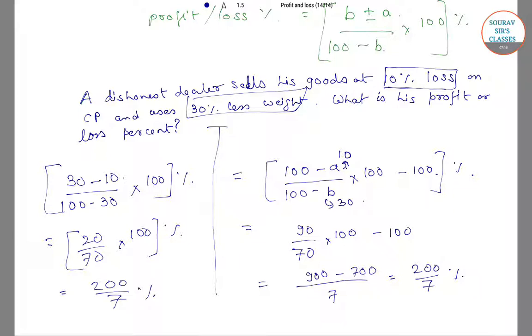So we can solve it by using either of the two formulas. The answer is a profit of 200 by 7%.